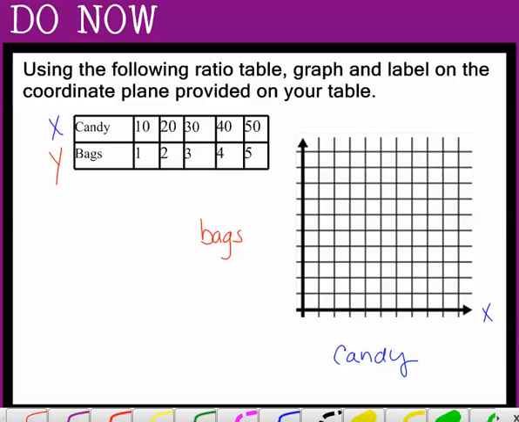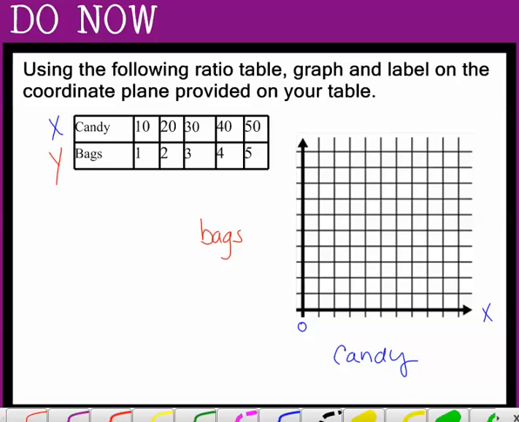Scale becomes important. Now in this case, candy is being counted by tens, and we only have 10 lines, and if we did count by ones, this would be a huge graph. So let's go ahead and count by tens. Every row is going to represent 10. Now in order to keep my scale from getting squished up and hard to read, I'm not going to write every label, but I'm going to carefully skip count and label every other line.